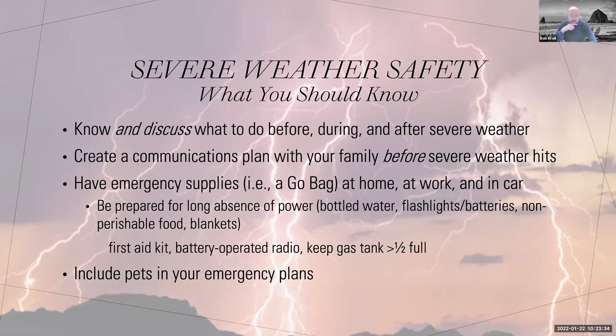If you talk about it, then you'll have a plan and be prepared. Make a communication plan with your family before the severe weather hits, so that if you're separated, you know how you're going to get in touch, or who outside the area you'll communicate with, so that if you can't reach each other, you'll know that you're safe or what kind of help you need.